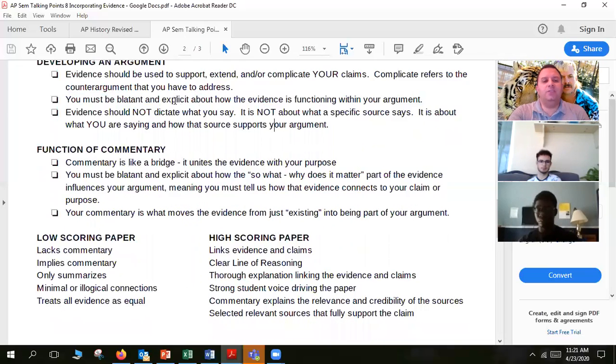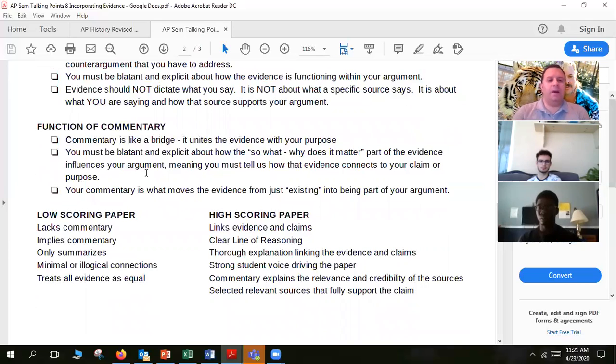And that kind of leads you right into this part here about commentary. Okay, the commentary is how you do that. So this second bullet point here about explaining how the evidence functions within your argument, that bridges you and takes you right to the commentary. Okay, and like it says here, that's the so what, why does this matter piece.